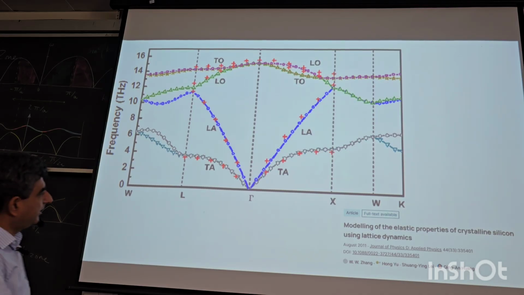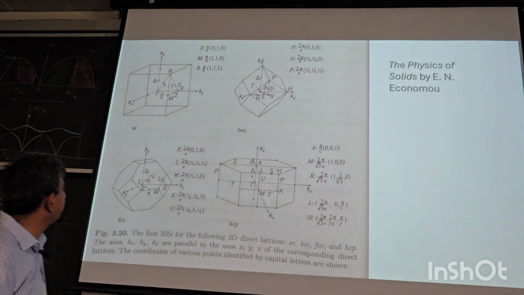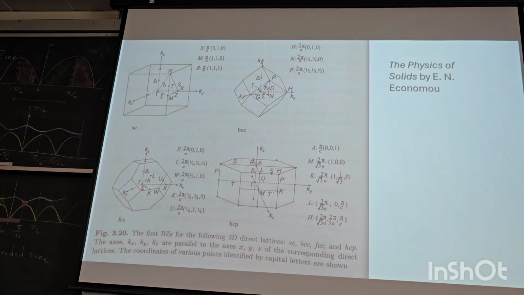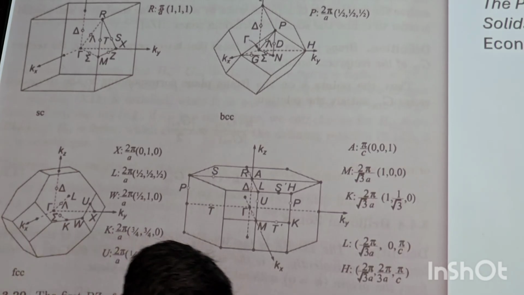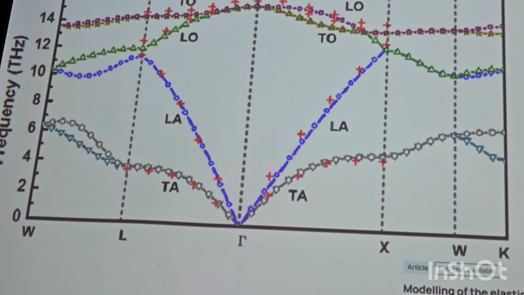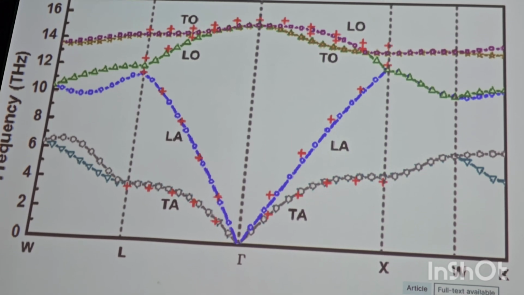So we are really going from lambda X W K. Lambda X W K is going from lambda to X, then along this square to W, then K. So we find a dispersion relationship along this trajectory here, then here, and then from W to K. So these are the acoustic branches, the optical branches, and the kind of crisscross, and again they're all degenerate, the optical branches are all degenerate at the center, and so on.